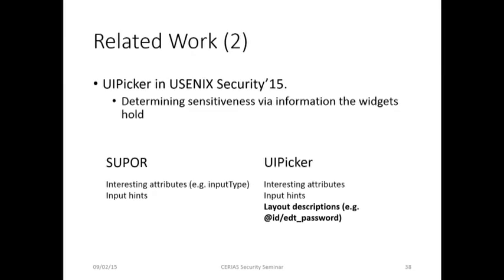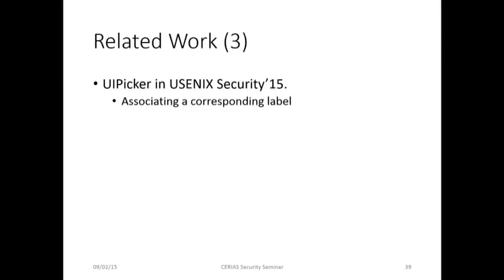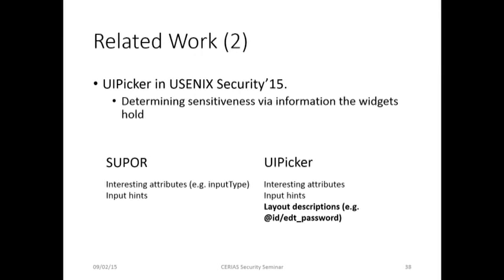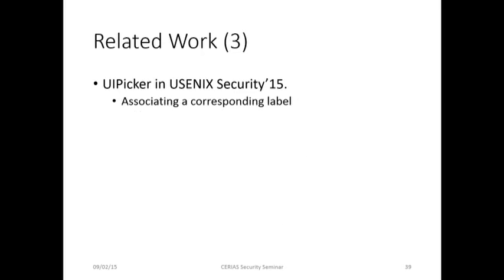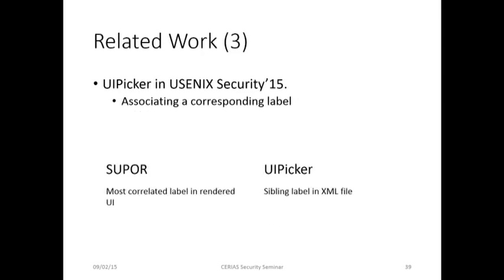And we can improve SUPOR by taking such information into account in the future. If both approaches cannot determine the sensitiveness of the input field by analyzing the attributes, the hints, or the descriptions, we need to associate a text label to the input field.